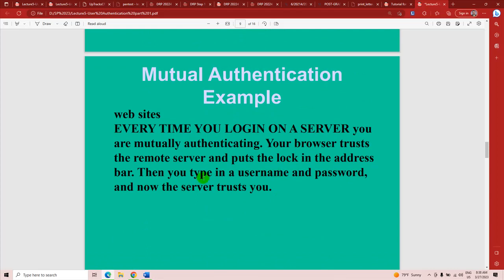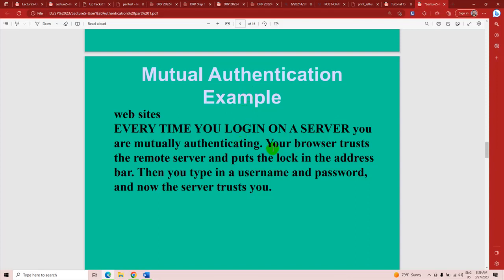Every time you log in to a server, you are mutually authenticating. For example, when you log in to the SIS, Blackboard, or Facebook, two authentications are going on.